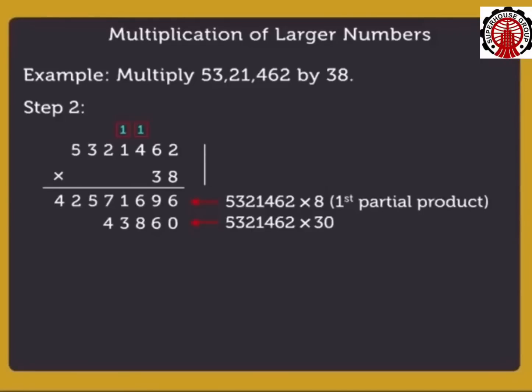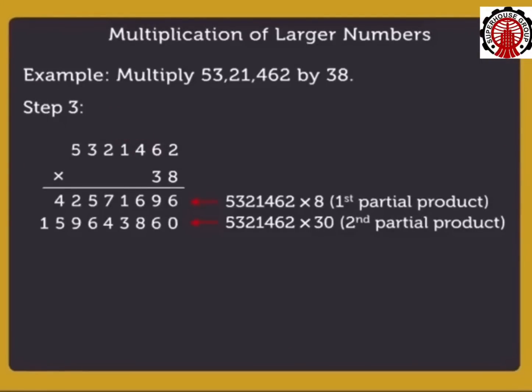Then 2 into 3 is equal to 6. Then 3 into 3 is equal to 9. Then 5 into 3 is equal to 15. So we get 15 crore 96 lakh 43,860 as the second partial product.